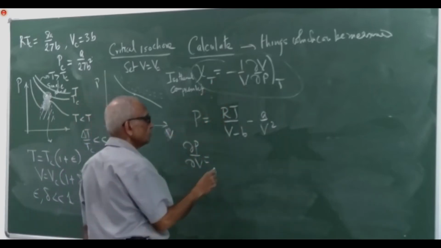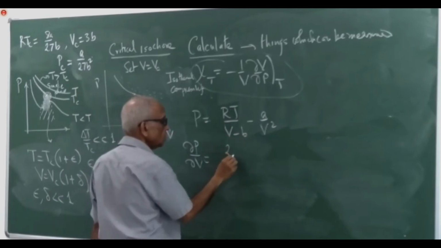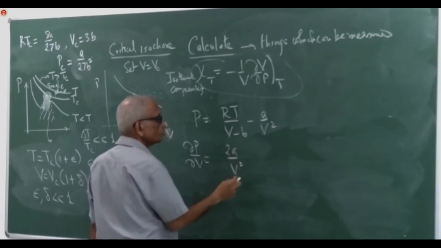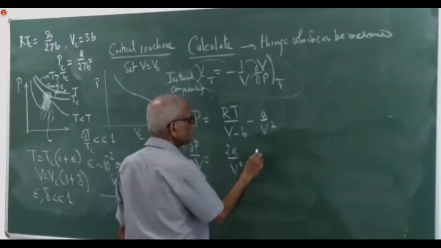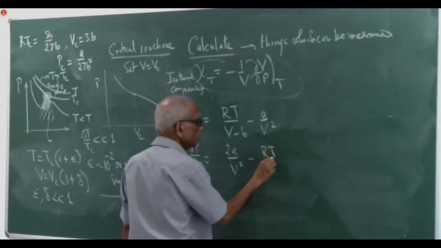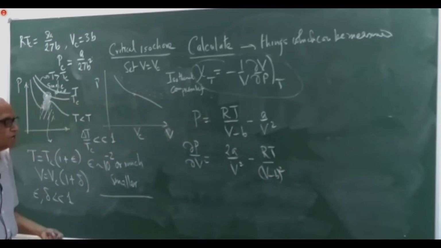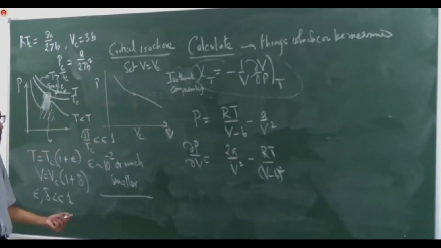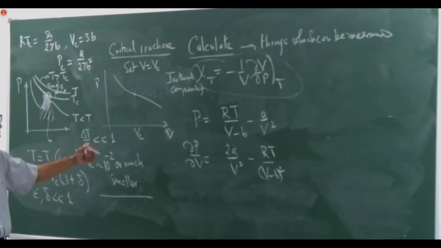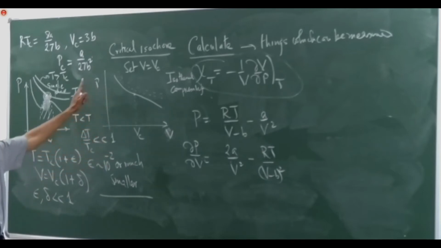That's the inverse of this. And it is 2A over V squared minus RT over V minus B squared. And where do I want to calculate it? I want to calculate it at V equal to VC and T equal to this.